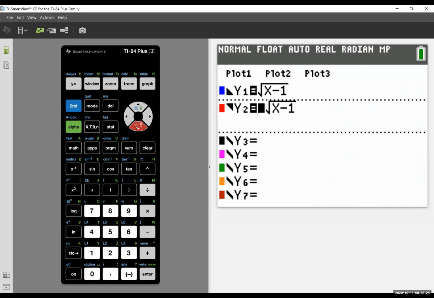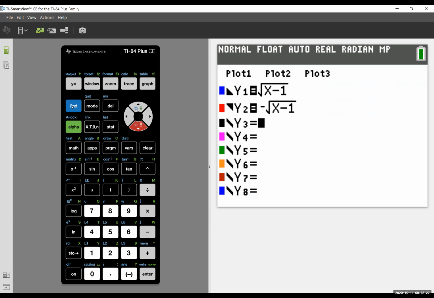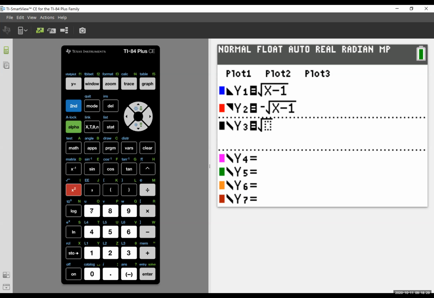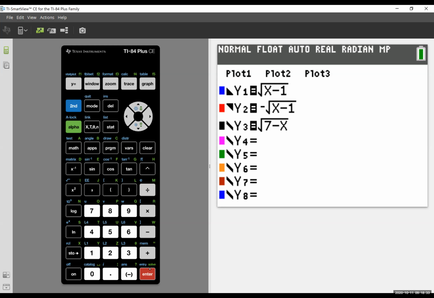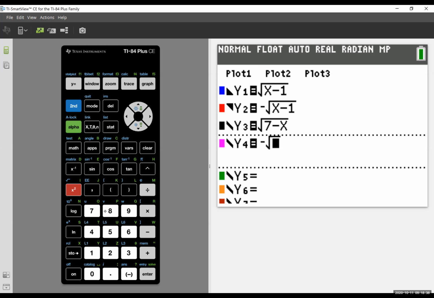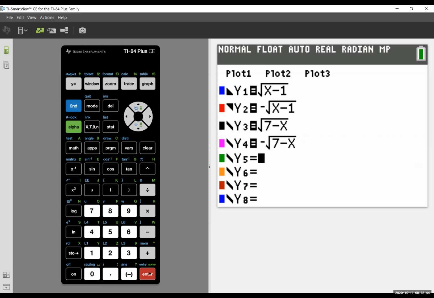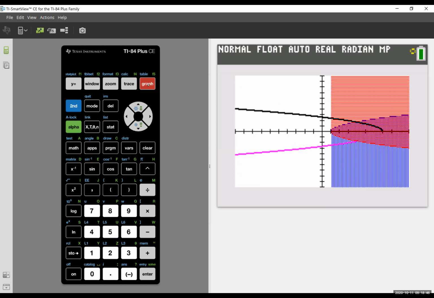And again, if I'm looking at y3, I have the positive version of the square root of 7 minus x. And y4, I have that negative version of the square root of 7 minus x. Be careful, sometimes the calculator is sensitive. Now, all I'm doing right now is graphing it just to see the curve. And when you look at it, you're like, yeah, I feel pretty good about this.